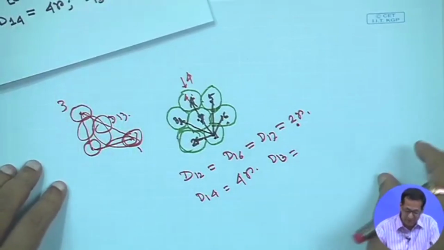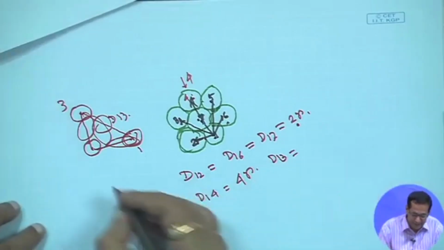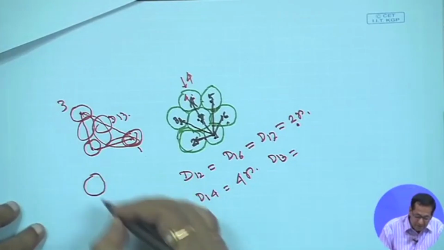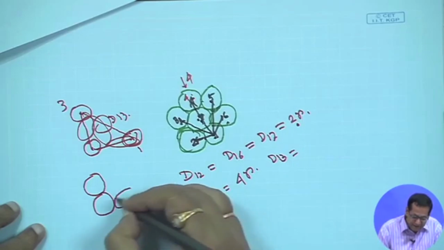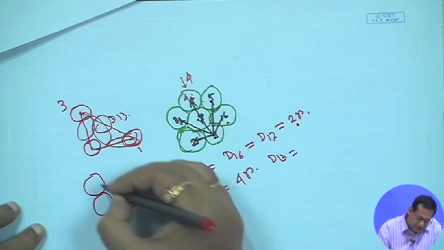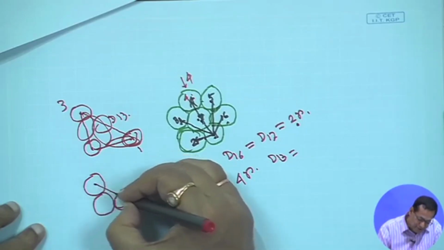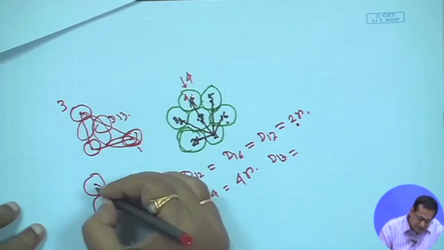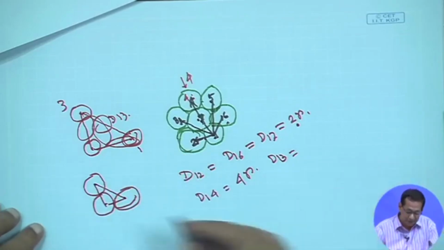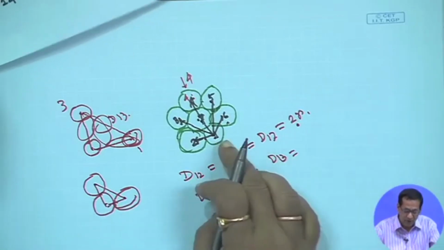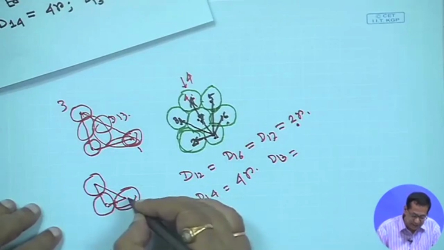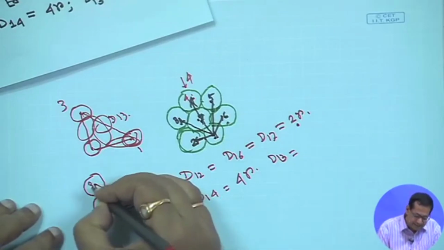I will make it, just hold on. This is 1, and here to here we want to find. 1 to 2 is 2r, this is 1, this is 2, this is 3.